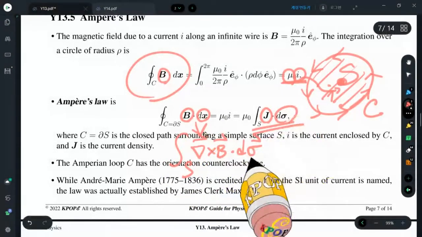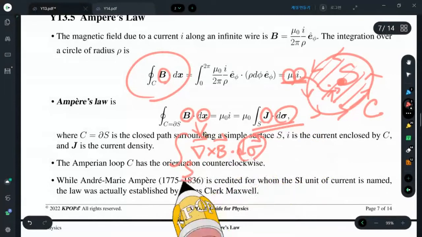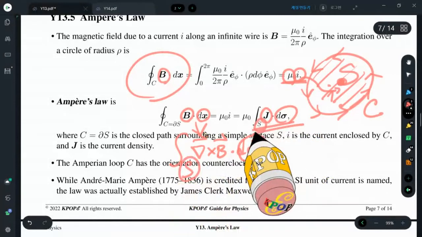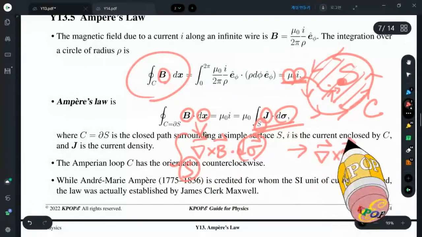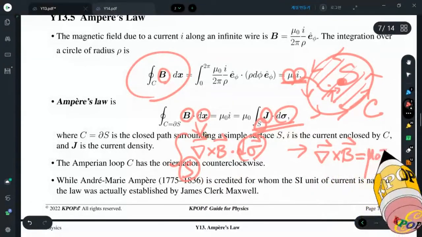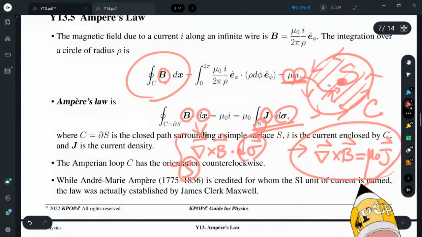And this surface, okay, shrink the size of S, then you will find the differential form of Ampere's law.